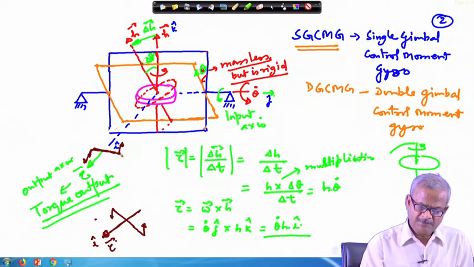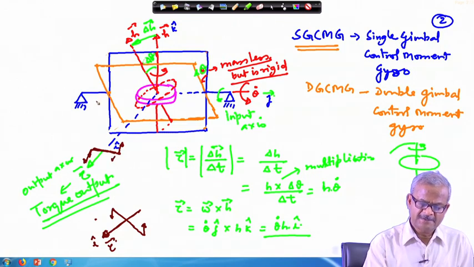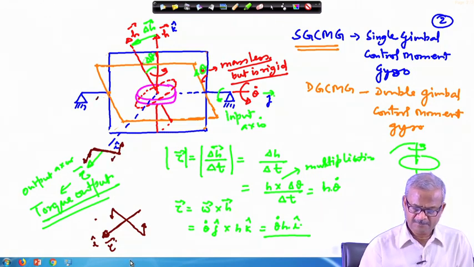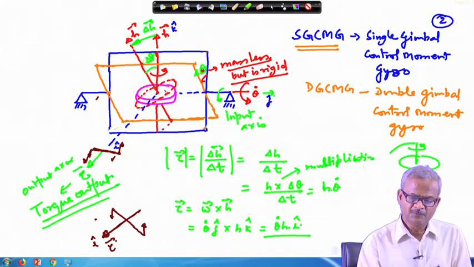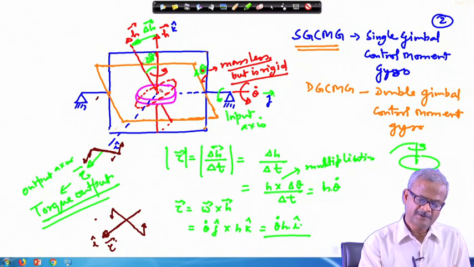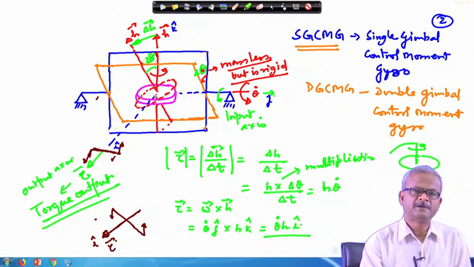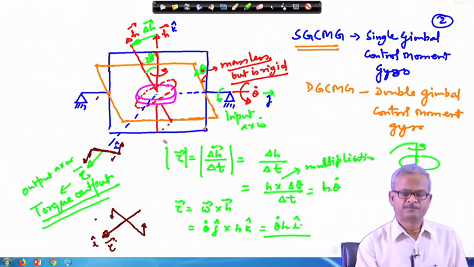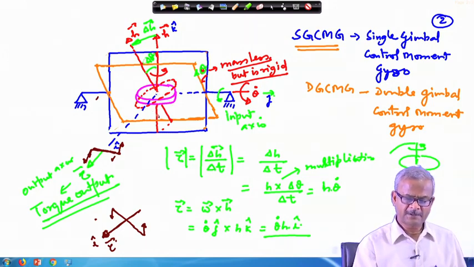So, this one, actually this line and this line, they will be parallel to each other. Okay. So, this means if I tell you that basically this will be perpendicular to the page at the center of the rotation wheel, this tau vector will come out from the page at the center of the wheel, and that will be perpendicular to the page.